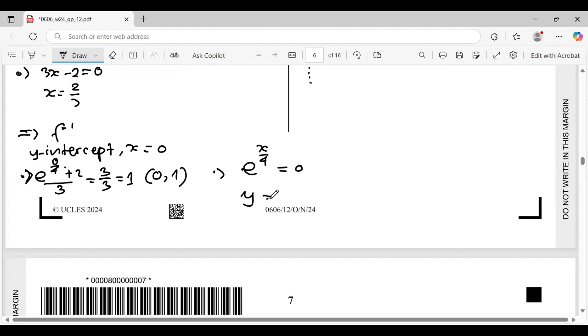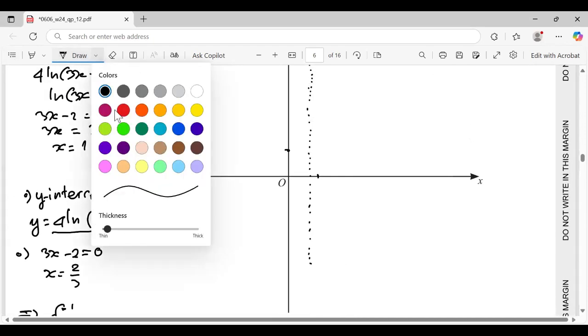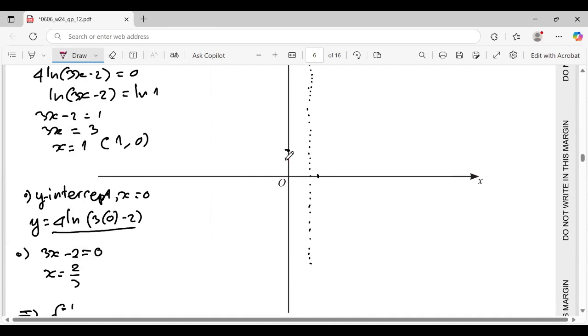So y equals (0 plus 2) over 3, which is 2/3. The asymptote is y = 2/3, around here. So it's going to be like this.